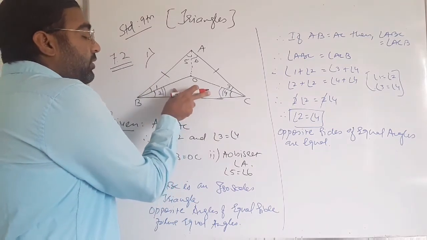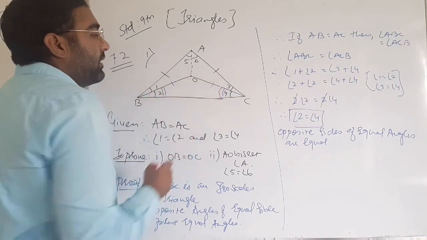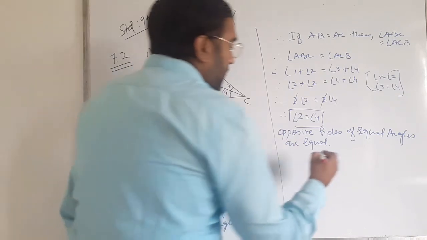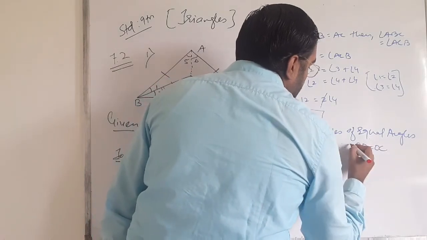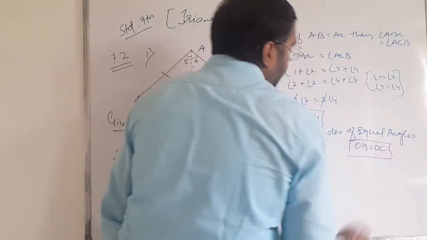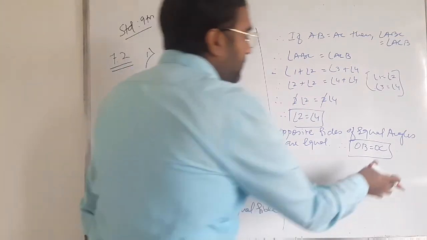That means angles 2 and 4 are equal, then their opposite sides OB and OC are equal. Therefore, I'll write that OB is equal to OC.